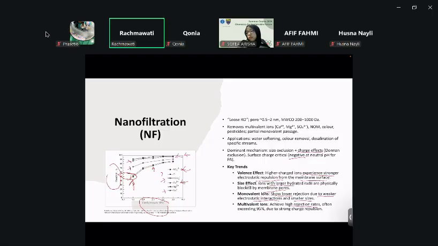You still have so many Na plus ions in the drinking water. And you should also compare it to the standard of drinking water. But if you don't want that, it means that you have to use higher pressure. So for example, you increase from this to this one. Yeah.